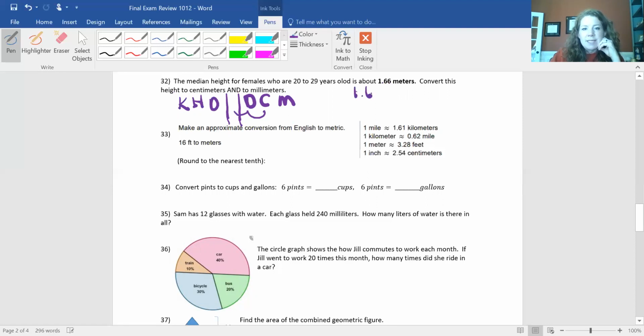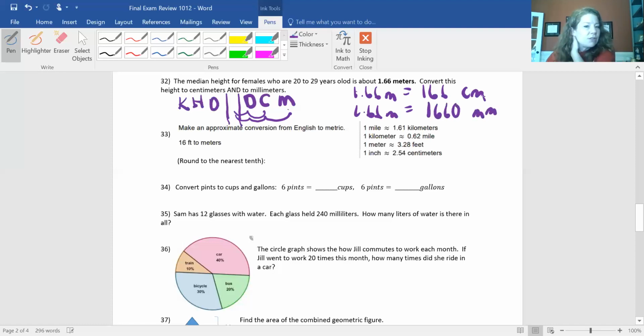So 1.66 meters is equal to 166 centimeters. Whoops. And then to get to millimeters, I'd have to go 1 more place to the right. 1, 2, 3. So 1.66 meters is equal to 1,660 millimeters. So you guys are going to have to remember that King Henry died, and then your units column, drinking chocolate milk. All right.